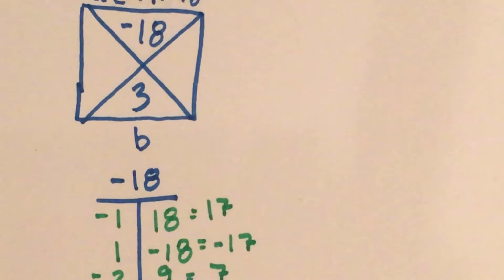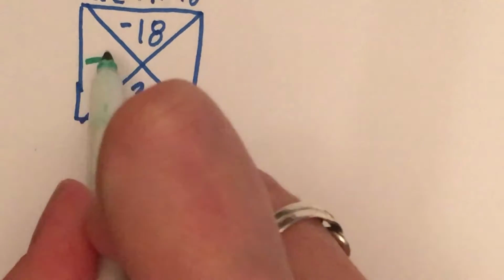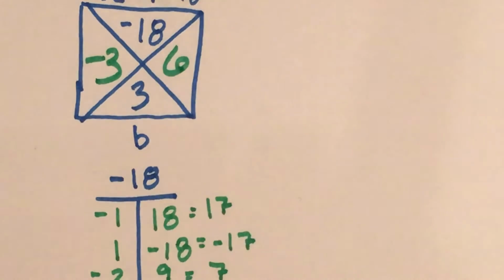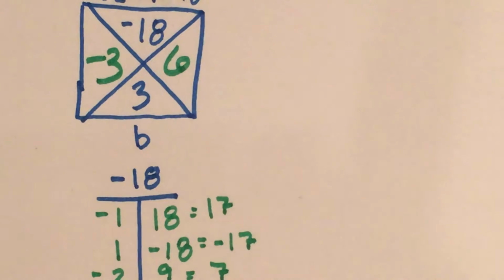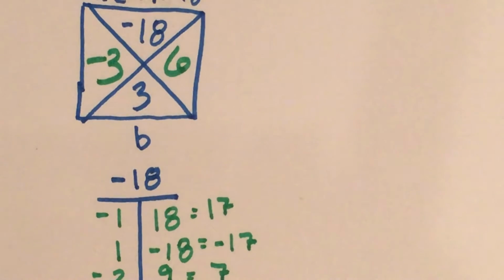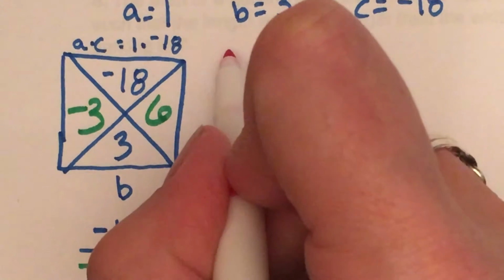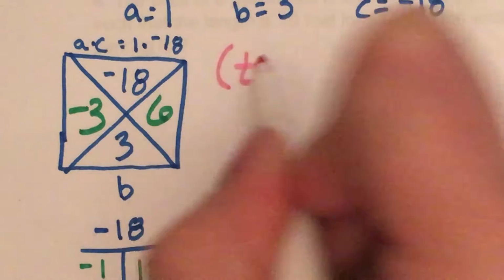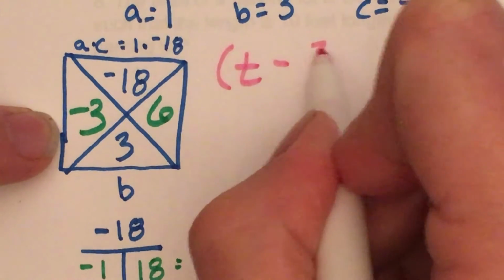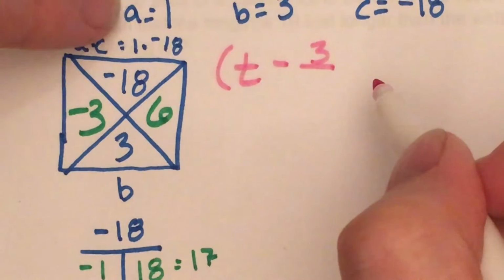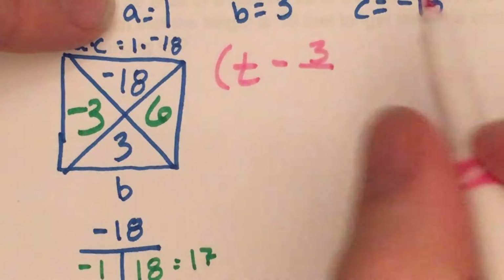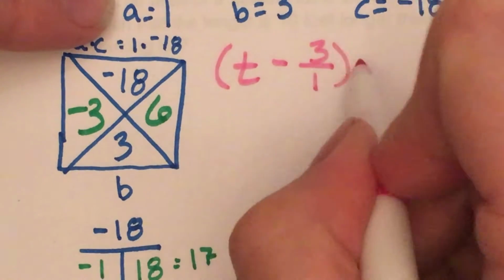Let's go put those in our wings. Negative 3, positive 6. So now we can build our binomials. T minus 3 over A. A has a value of 1.